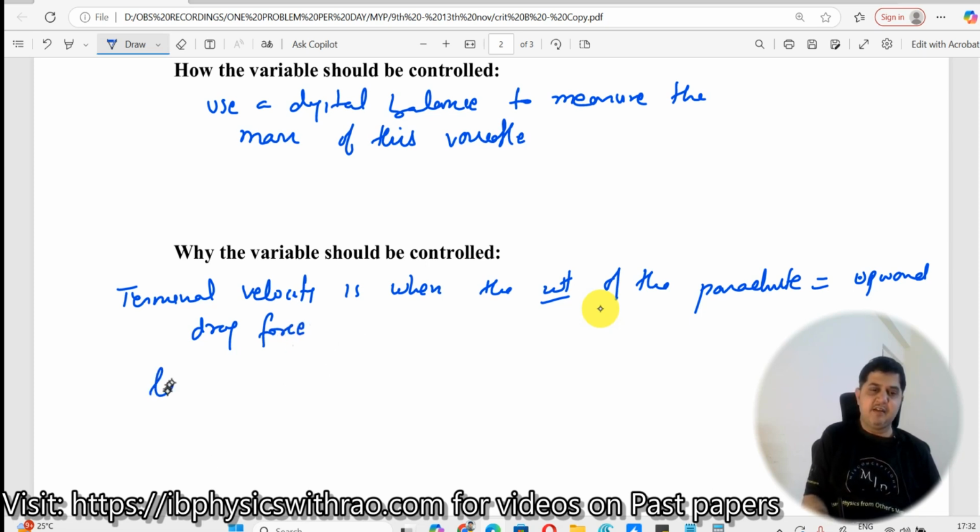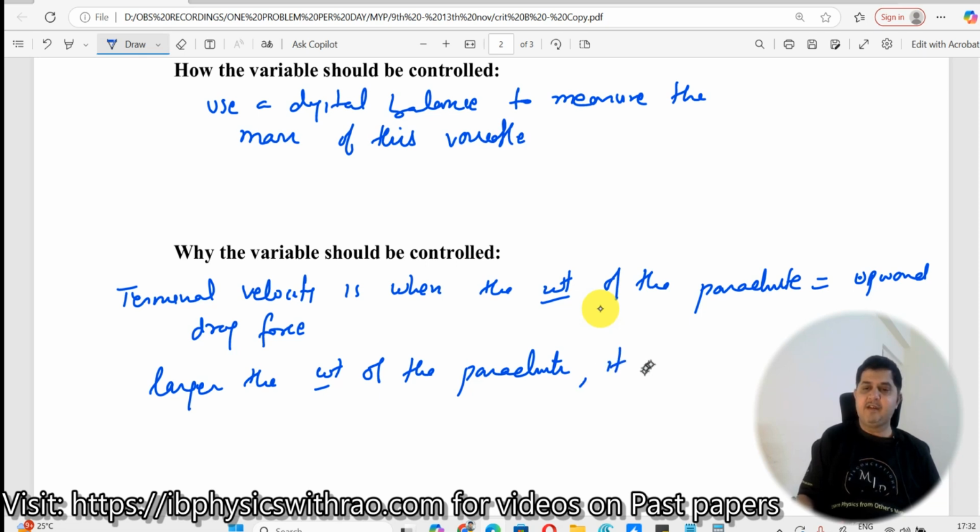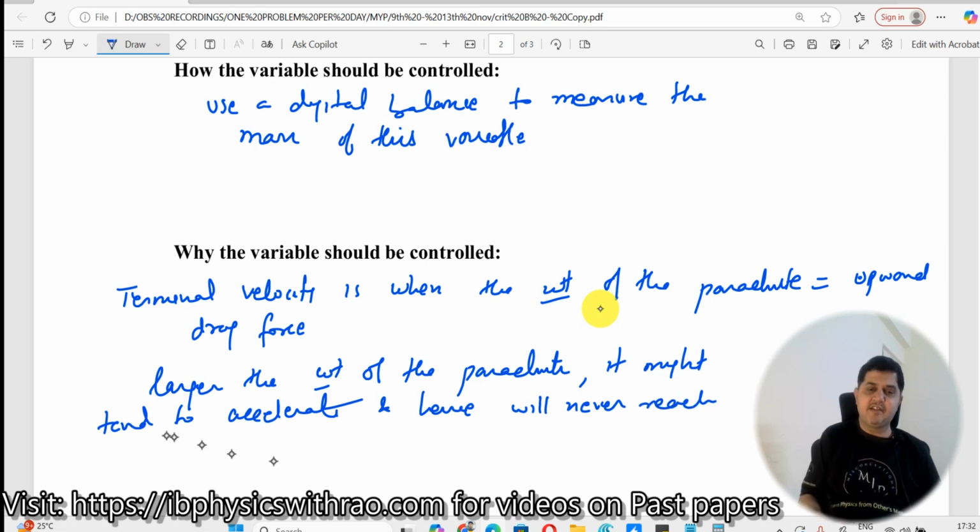The larger the weight of the parachute, it will tend to accelerate and never reach terminal velocity.